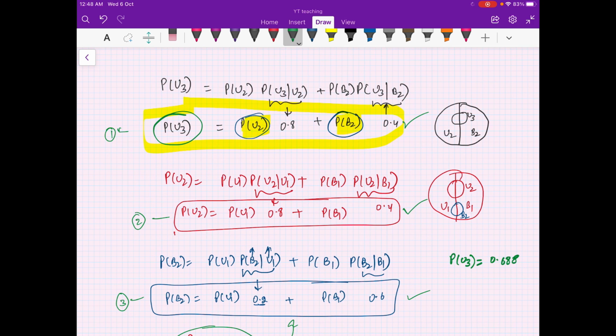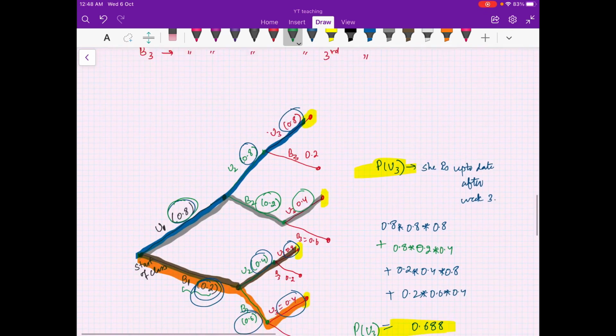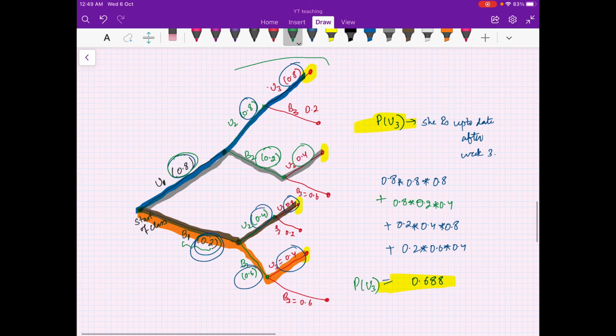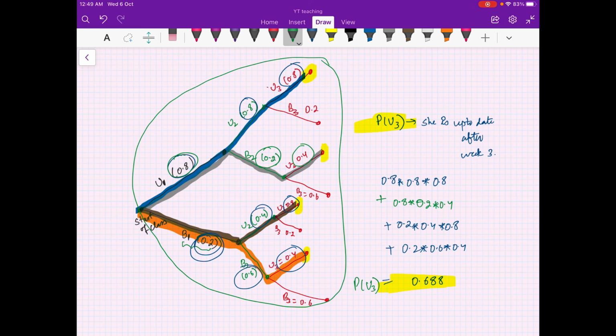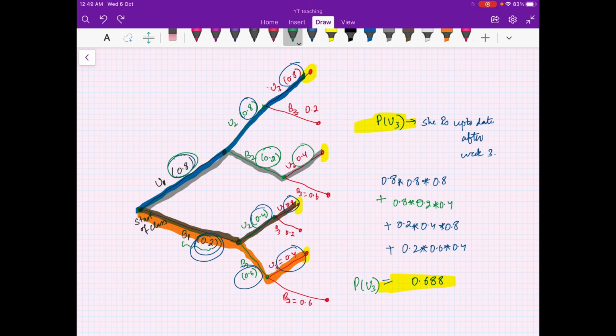Right. Now I may ask you to check which one is a better approach. Can you write in the comment box which one is a better approach? So you see, in the case of tree making, suppose this was when we were computing the probability after third week.